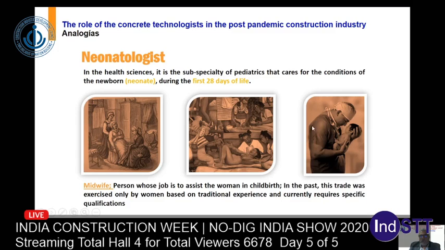Okay, if you think about it, 3 or 4 generations ago, there were no medical doctors for the majority of the population to help the lady during the childbirth. And at that time, a person called a midwife was the one that assisted the woman in a childbirth. But as the knowledge advanced, a medical doctor started to support the woman in the childbirth.